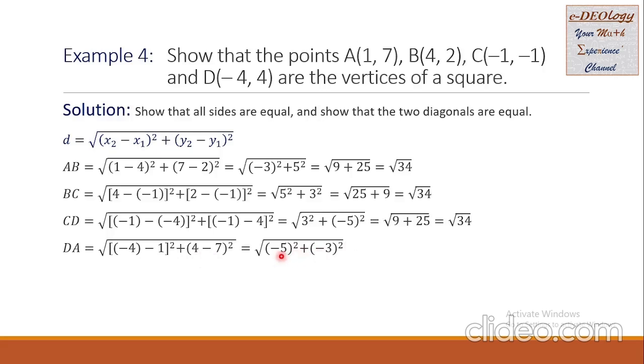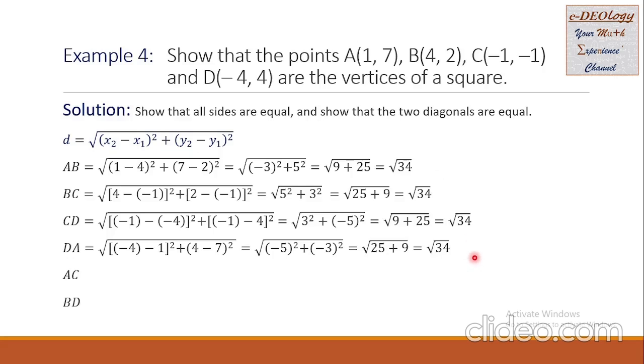The square of negative 5 is positive 25, plus square of negative 3 is positive 9. 25 plus 9 is 34. For the length of DA, we have square root of 34. We can see that the sides are equal in length, which is square root of 34.